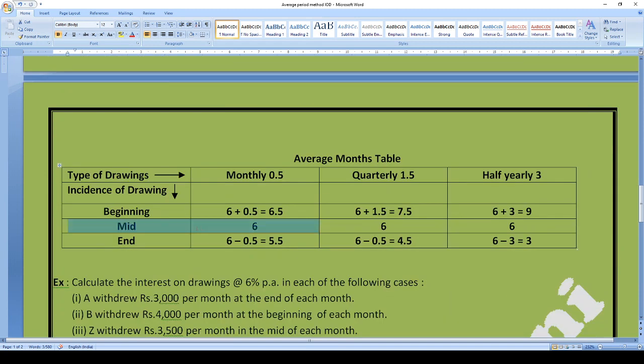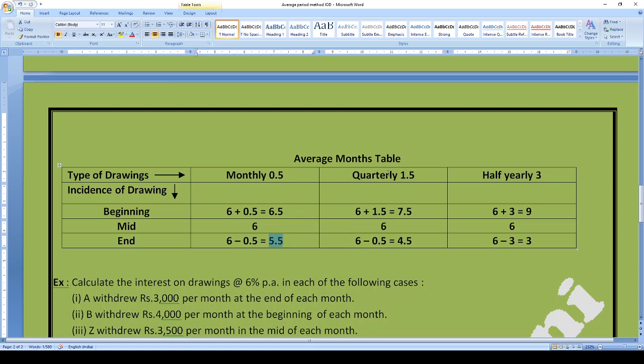In the mid, every time we have used 6 months average period. But what is the half of the time difference in monthly drawing? The time difference is 1 month, but half of the difference is 0.5. So 6 plus 0.5, 6.5, that is for beginning, and 6 minus 0.5, it will be 5.5.